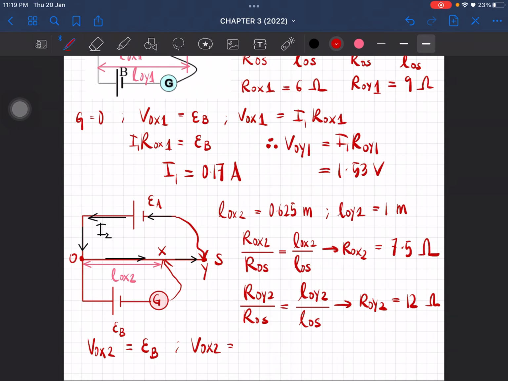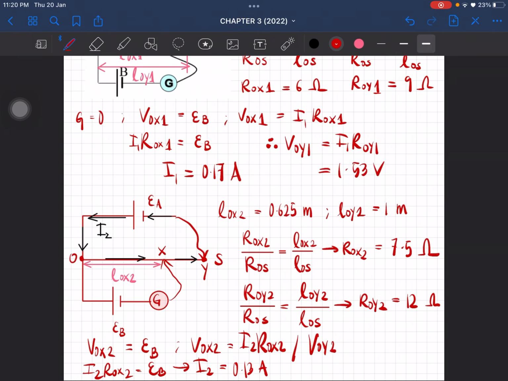So VOX2 is also equal to I2 ROX2. So you should substitute di sini dulu. Okay, so you should get I2 to be equal to 0.13 ampere.